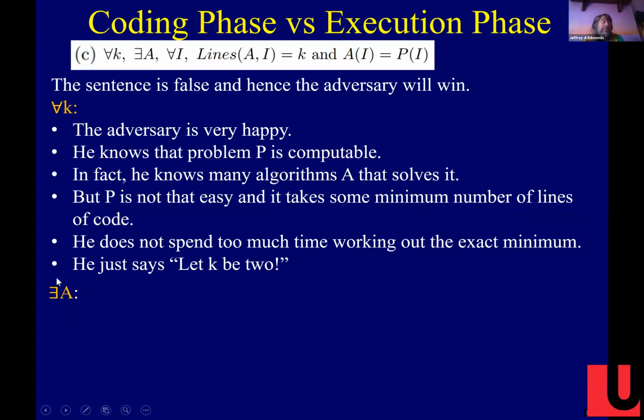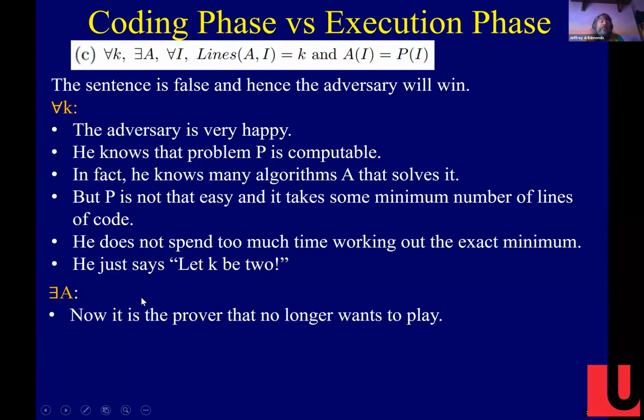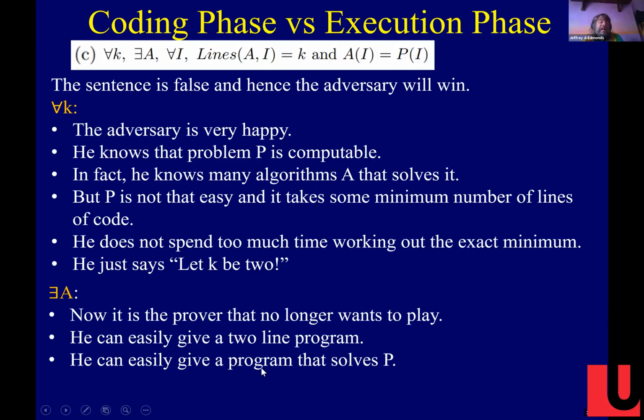Now, what does the adversary do? Here we're going to say let A be an arbitrary algorithm. The prover no longer wants to play because it doesn't seem like a fun game. But he can easily come up with a program that's 2 lines long, and he can easily come up with a program that solves P. But he can't do both at the same time.